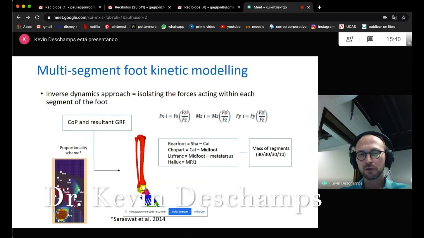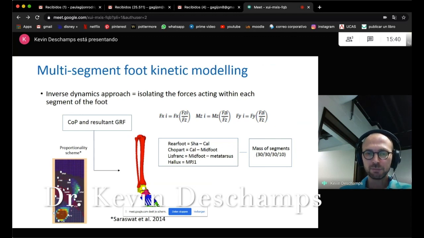Here we are using a proportionality scheme, which proportionally considers the vertical ground traction forces together with the mediolateral and anteroposterior ground traction forces.